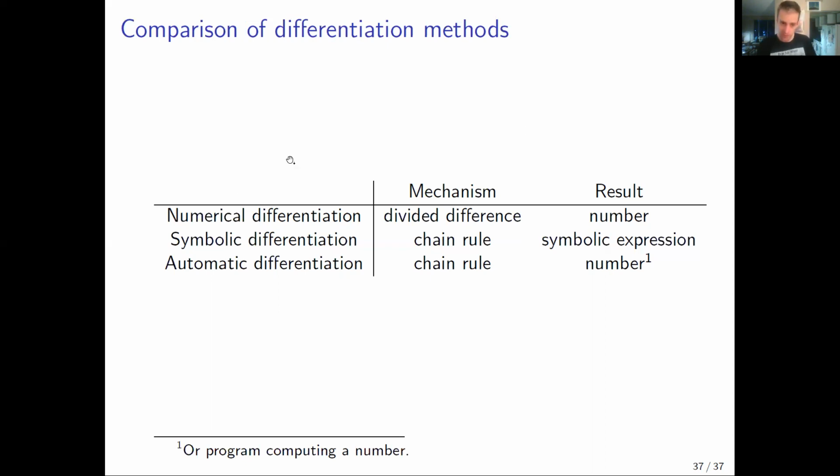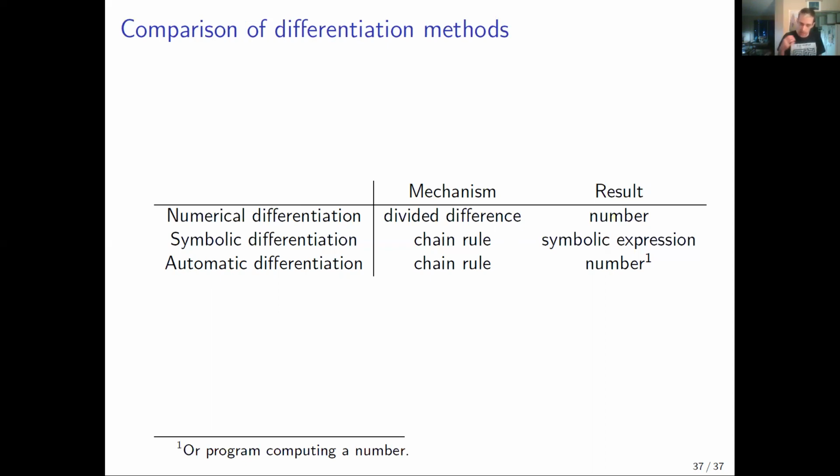Another form of computational differentiation is symbolic differentiation. This is basically the automatic algebraic manipulation of some expression via chain rule. Again, its mechanism is the chain rule, and the result is not a number, but a transformed symbolic expression representing the derivative of the original expression of interest. And then the third form, the focus of the book we're currently talking about, is automatic differentiation.